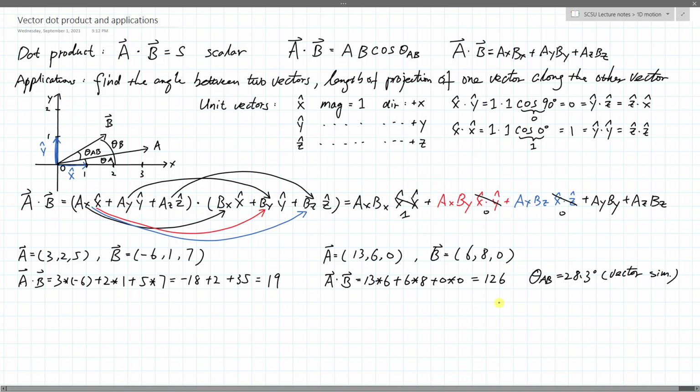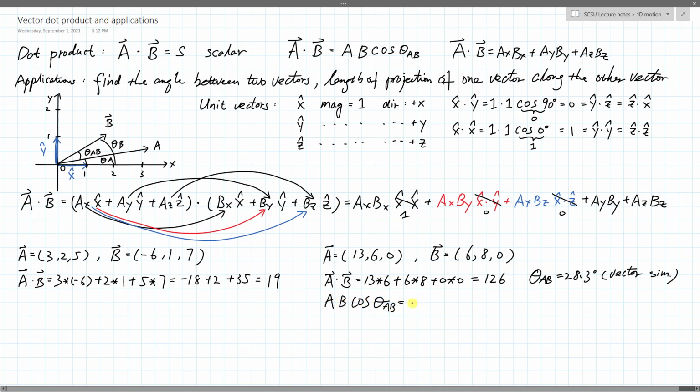Okay, so how do we get the angle? Well, let's take a look at the formulas on the top. A dot B is equal to this, which involves the angle. That's where we're actually getting the angle. A dot B is also equal to this. If we equate the right-hand sides of these two different ways of getting the dot product, we have a relationship between the angle, the components, and the magnitudes. So A dot B is equal to the magnitude of A times the magnitude of B times cosine of angle AB.